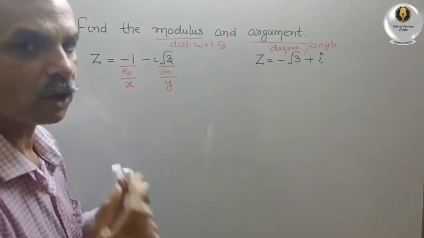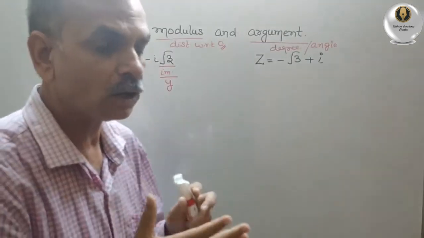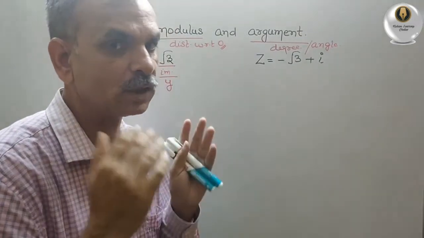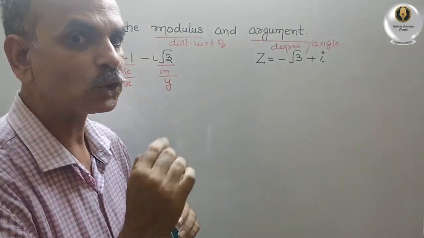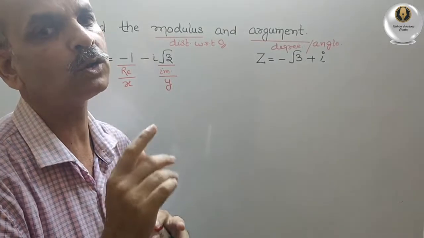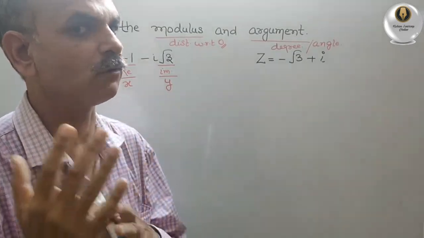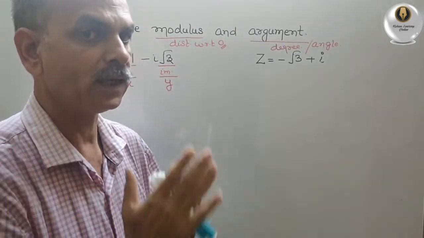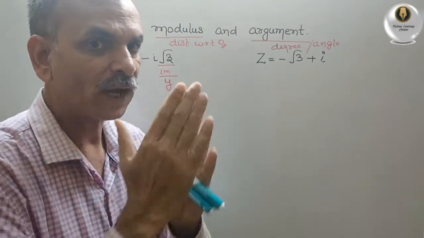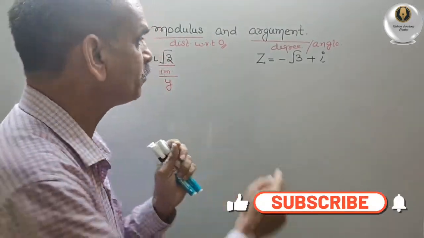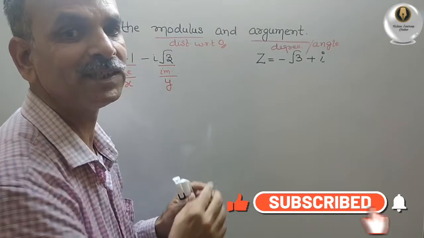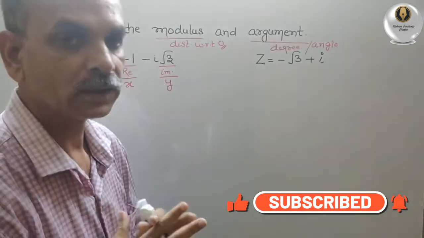Now we have a distance formula that we learnt in 10th class. What is that? Root over x2 minus x1 whole square plus y2 minus y1 whole square. Here x1 and y1 are 0, because they have given the origin, that means 0.